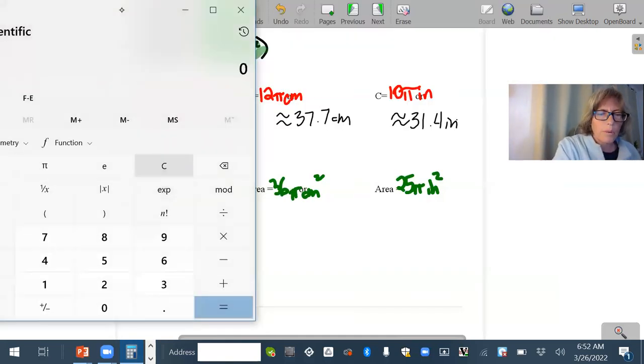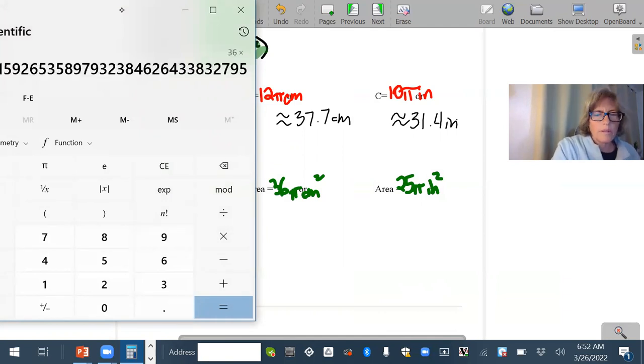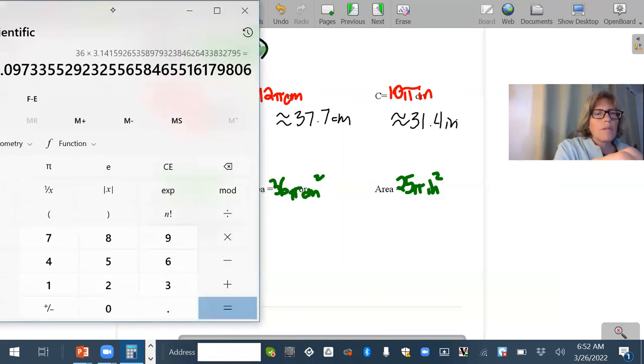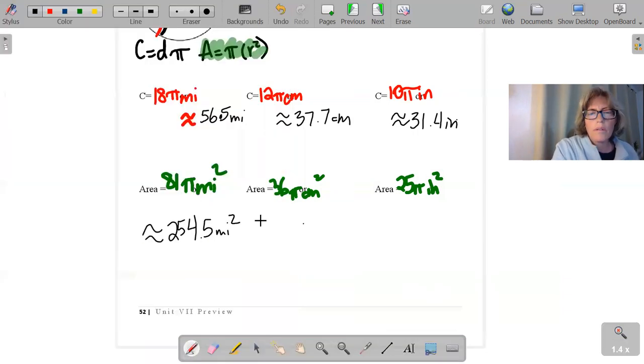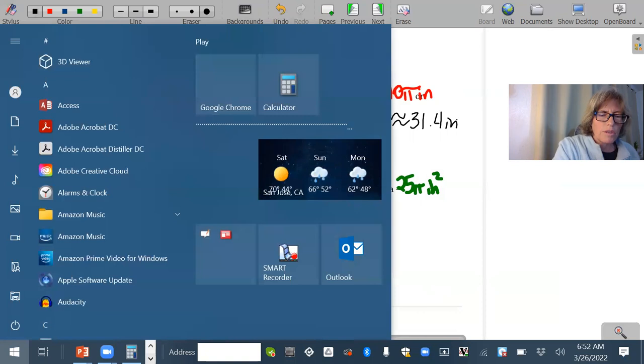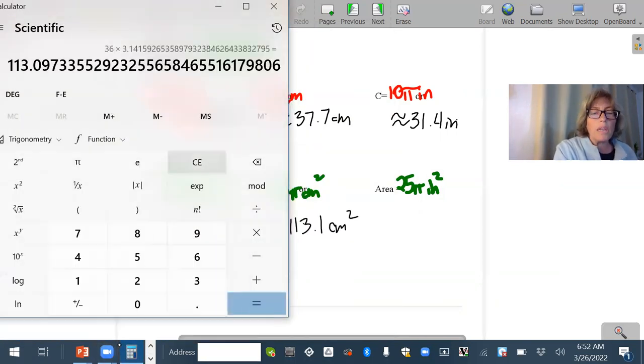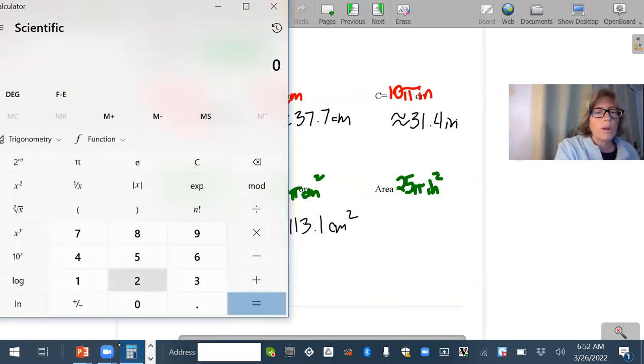36 pi for the second one. So 36 times pi, 113.1 centimeters squared. 25 pi. All of these you can estimate just by timesing by 3 in your head, so you know that you're in the right direction.